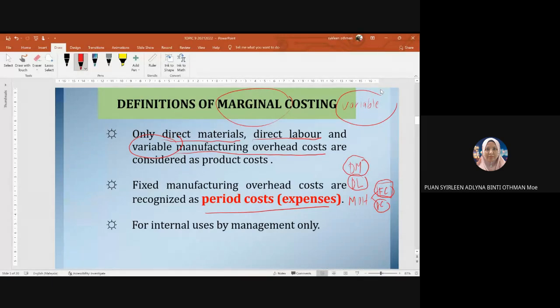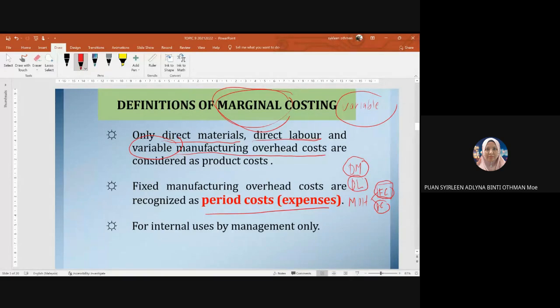Okay, alright. So marginal costing ni sebenarnya bila kita buat income statement menggunakan marginal costing, okay, so dia adalah sesuatu yang tidak mengikut standard GAAP. So bila dia tak ikut standard GAAP, you cannot use that income statement to compare your organizational operations dengan organisasi lain. So selalunya marginal costing ni, the statement atau report yang disediakan hanyalah untuk internal users. Okay, maksudnya you buat tu so that the management boleh kenal pasti masalah dalam pengeluaran.